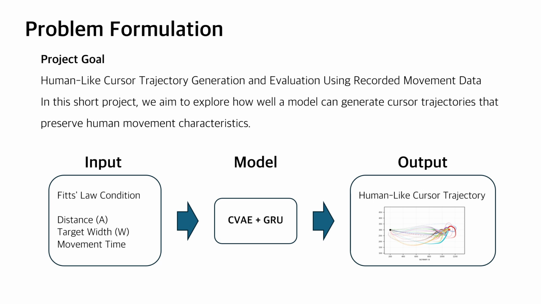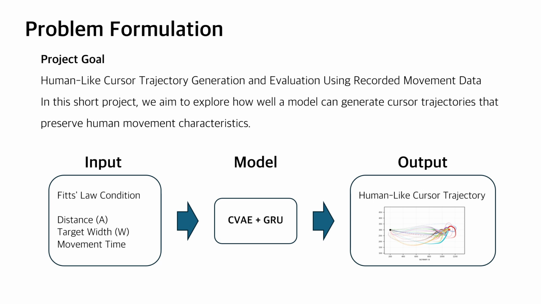Before going into the details, this is a short experimental project. My goal is not to fully replace human experiments, but to first test how far we can generate cursor trajectories that preserve human movement characteristics. Based on this, I evaluated the feasibility and potential of the proposed model.